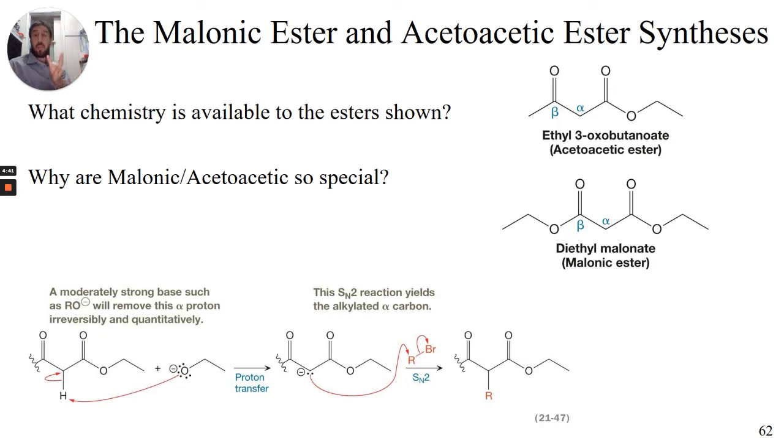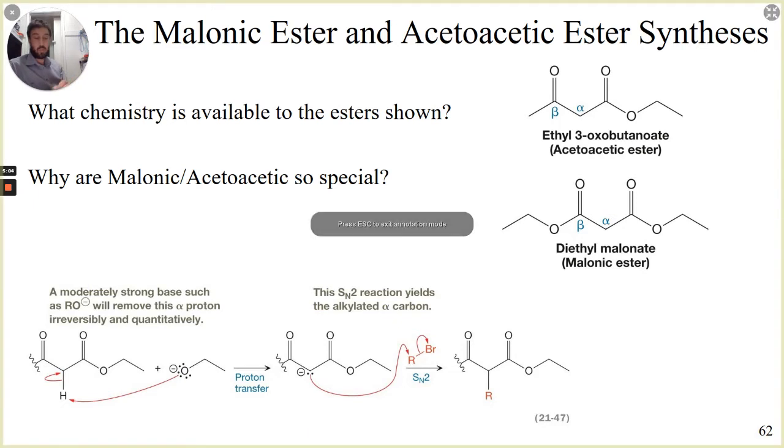I want to take a step back and look at naming. You'll hear these referenced as the malonic ester and the acetoacetic ester syntheses, and that's the important part that's going to come up, is genuinely unique and powerful and controllable, so that these reactions, in particular these reagents, got named for that material.